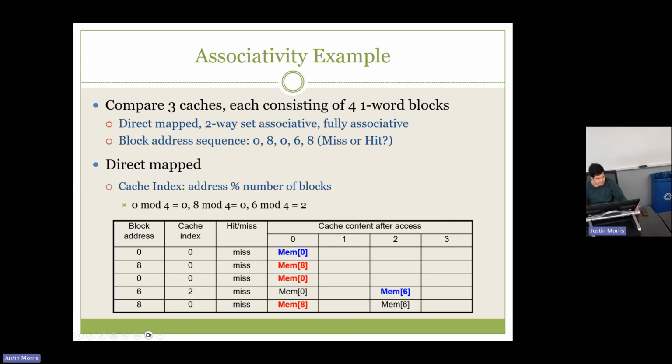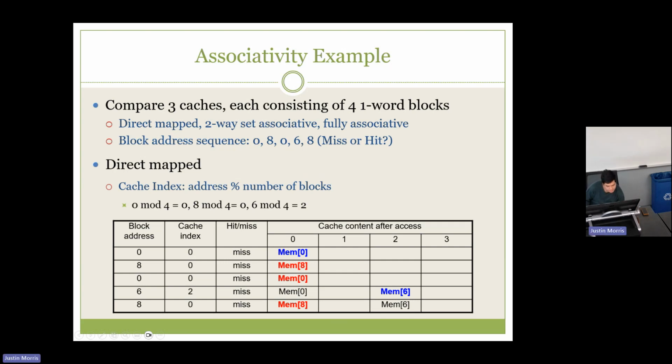So then next access, we're trying to access 0 again, right? Cache index 0. We have at cache index 0 memory at 8, which again, wrong tag. So evict 8, put 0 back in. Okay.